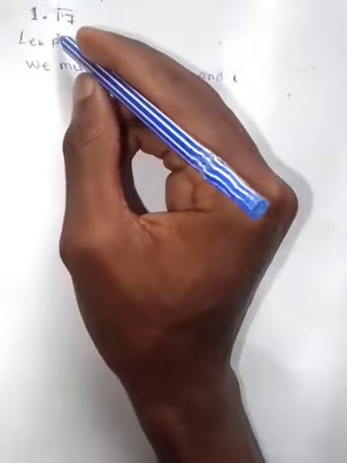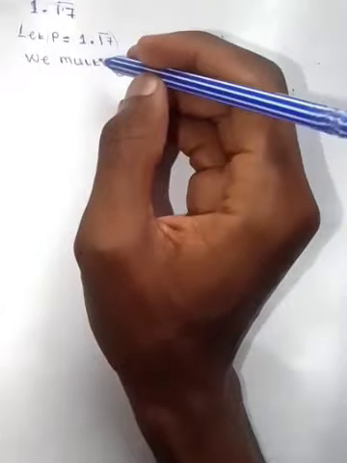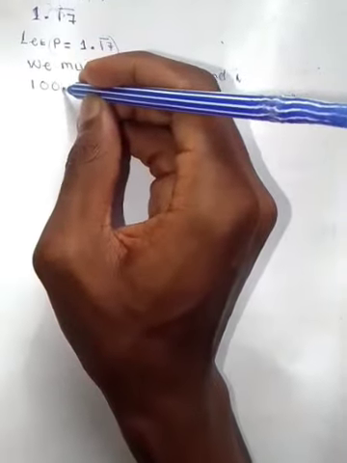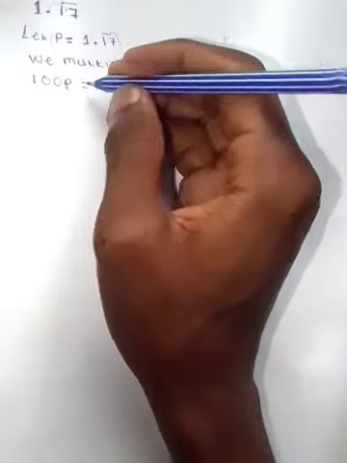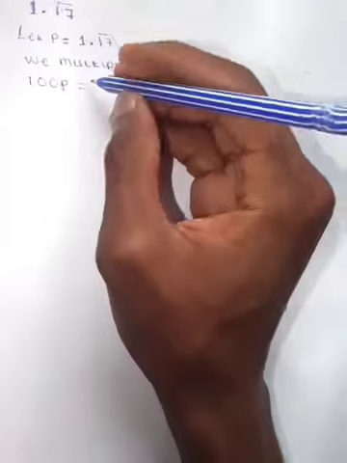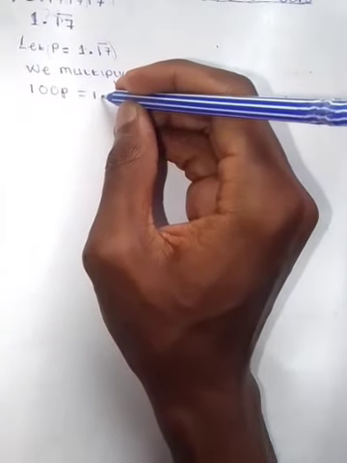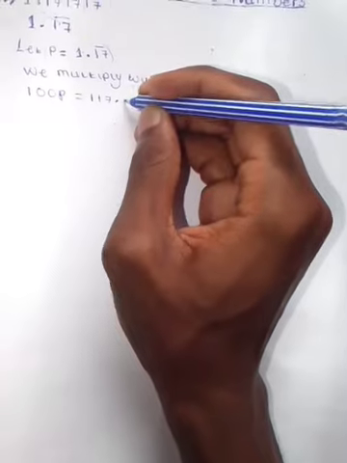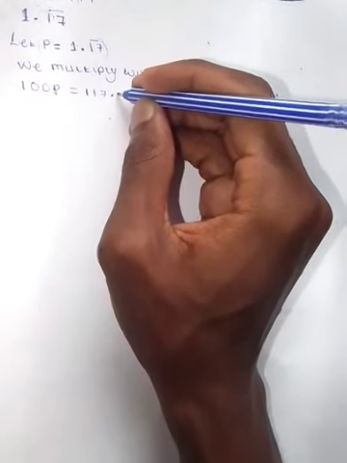So 100 when multiplied throughout this statement is going to give us 100p is equal to 100 times 1.17. It is going to give us 117 point, the number that is repeating itself.